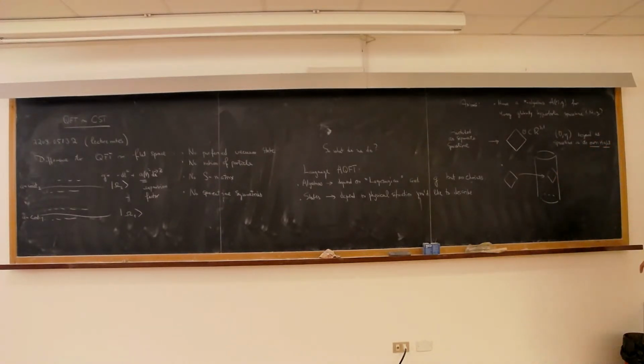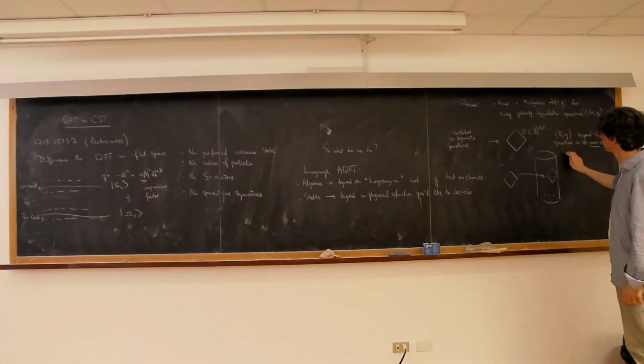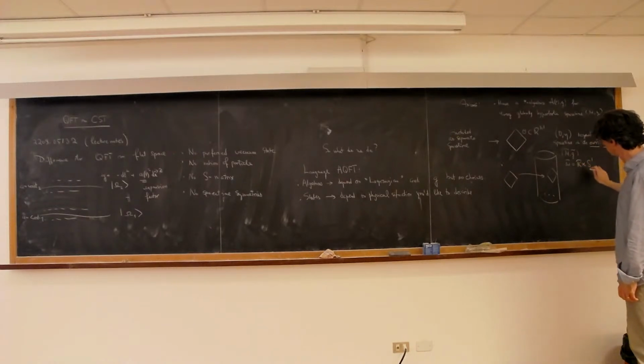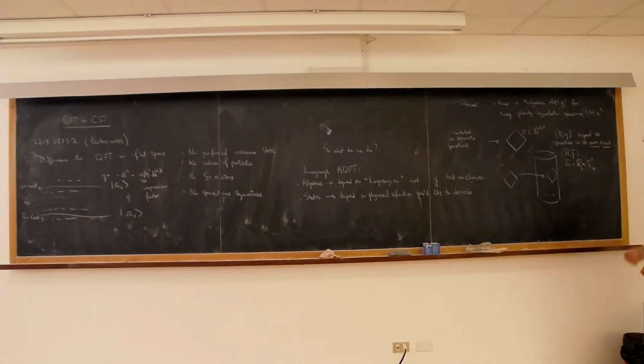So let's imagine you have a space-time (M, g), where M is two-dimensional, a time direction times a circle, and the metric is this, where x is identified with x plus 1.